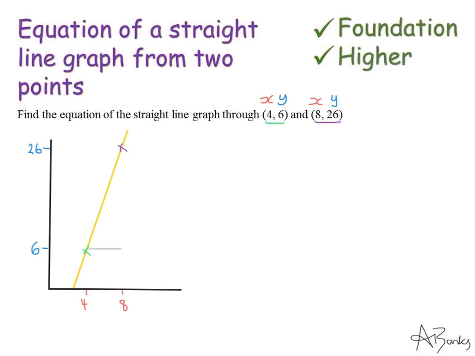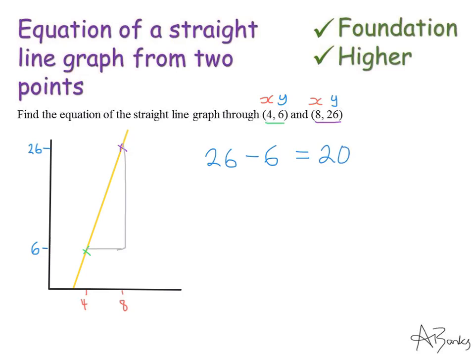Now if I was to find the gradient of this line, I'd draw in a triangle. I'd need to find the height of this triangle and divide it by its width. The height of the triangle is the difference between this 26 and the 6 here, so it's the difference in my y values. So I'm going to do 26 take away 6, which gives me 20.